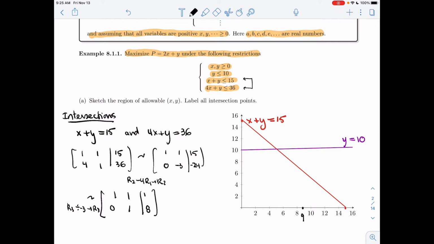And then, so y is 8, x plus y is 15, which means that x is 7. All right, so 7 and 8.